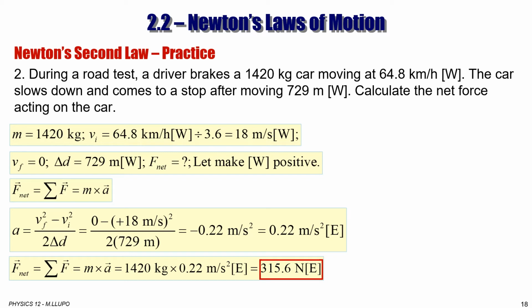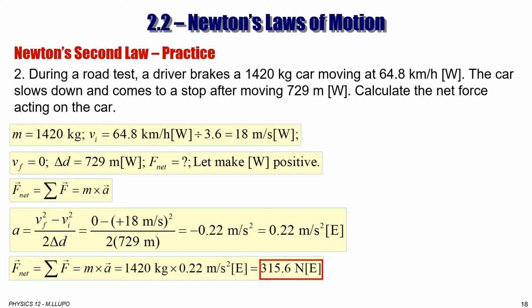If you want to make sense out of this problem, you'll see that when a car starts braking, the force of friction slows it down. So the force of friction has to be in the opposite direction, and acceleration has to be in the opposite direction of the previous motion. The car is moving toward west, and the slowing-down acceleration is in the opposite direction, toward east.